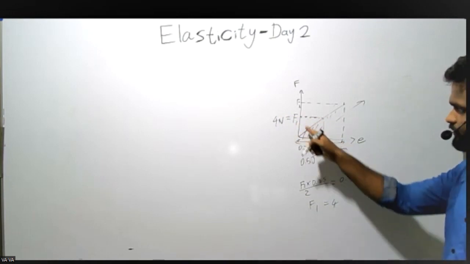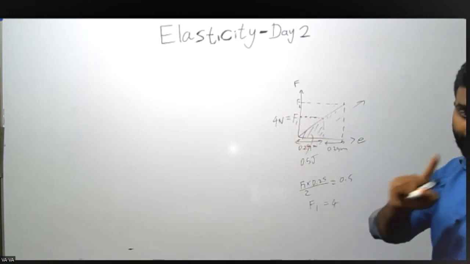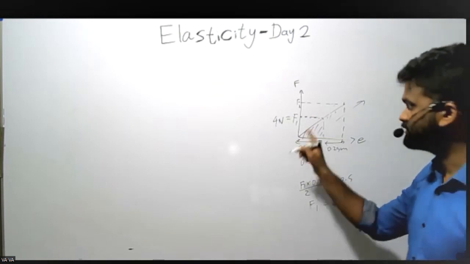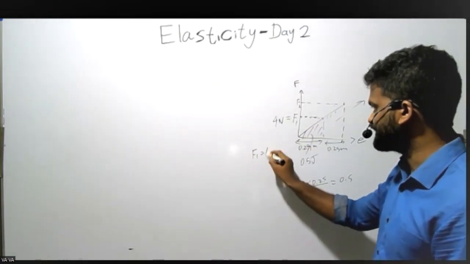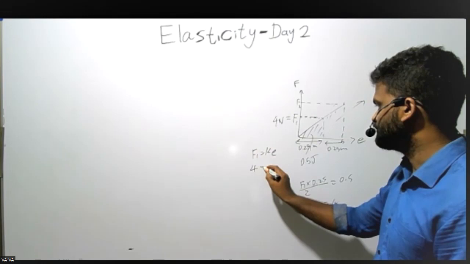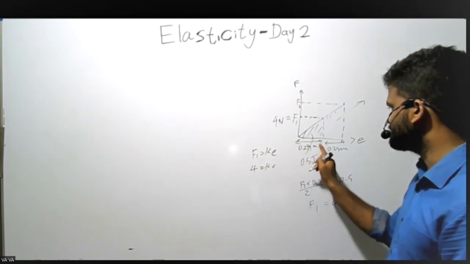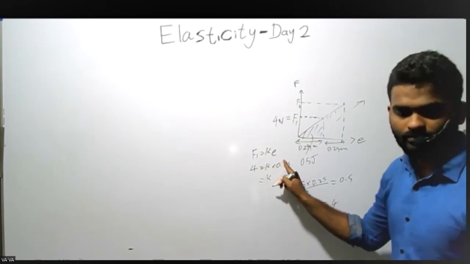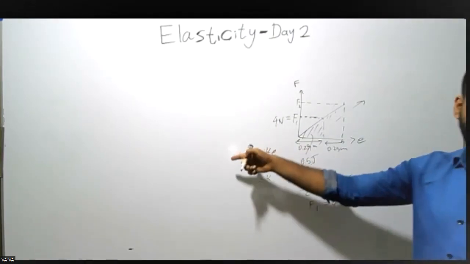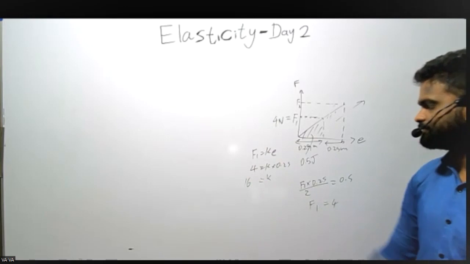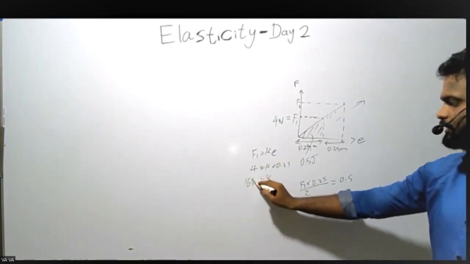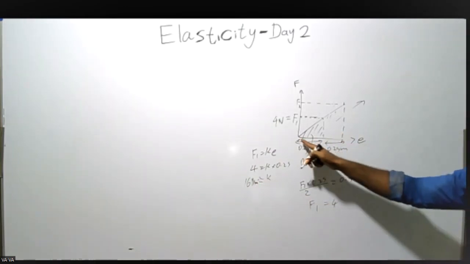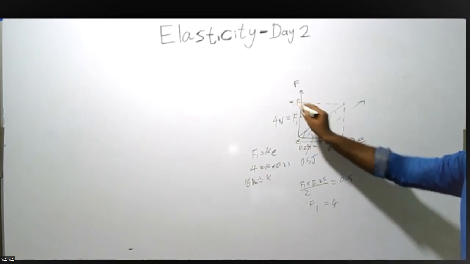So from that you can find K, the spring constant. Just apply F1 equals K e. 4 equals K times e, where extension is 0.25. So 0.25 means 1 over 4 goes to the other side. K is equal to 16 newtons per meter.